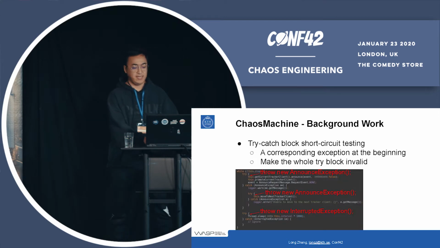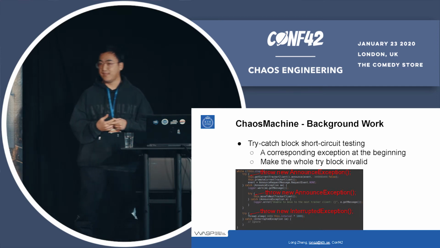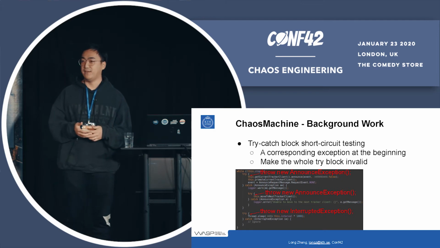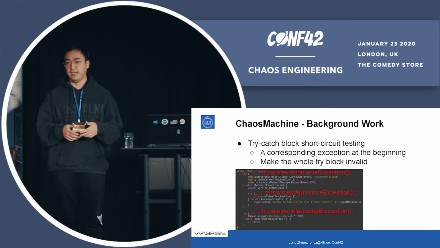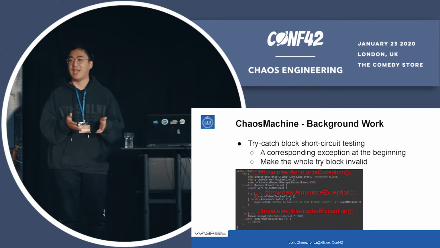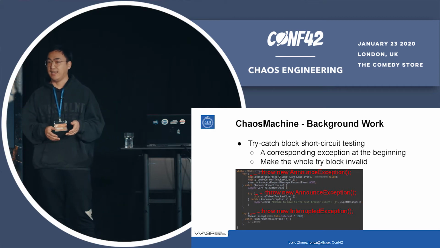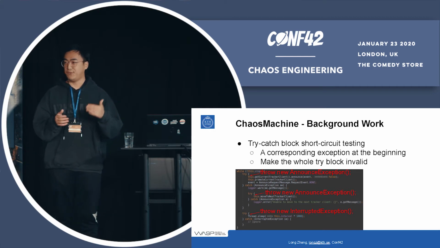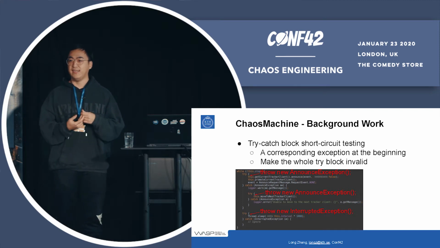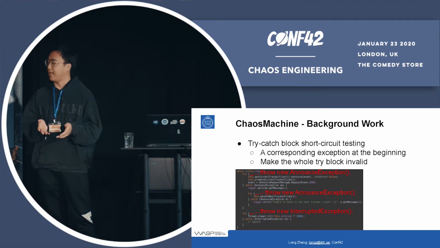Okay, so about this, I would like to introduce some background work first. Research shows that almost 90% of failures or bugs are somehow related to the exception handling mechanisms. For example, if I'm writing programs in Java, I have to design lots of try-catch blocks, because lots of exceptions could happen in production, and then we need to design recovery methods in the catch block.